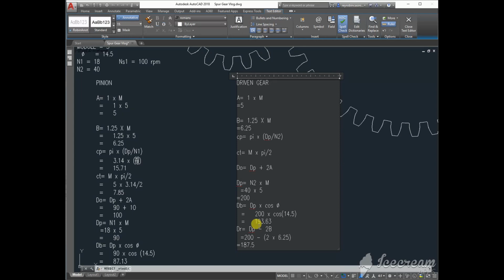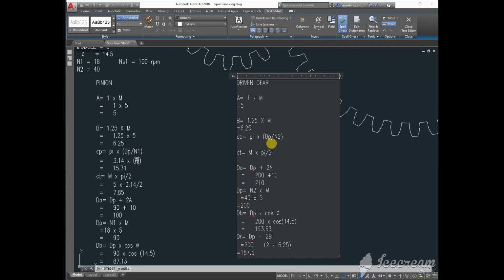The outer diameter is equal to the pitch circle diameter of 200 plus twice the addendum of 5, which is equal to 10, and this will be 210.